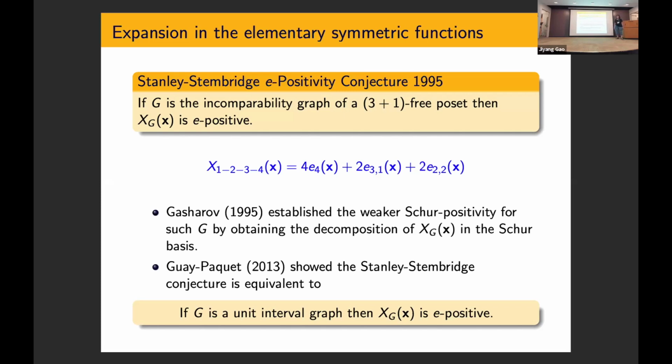And Gasharov showed that it's Schur positive. Guay-Paquet showed that the Stanley-Stembridge conjecture is equivalent to this, which is a subclass of this. So if it's a unit interval graph, then it's e-positive. That's the conjecture.